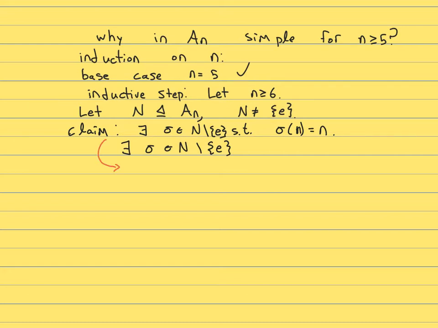And so what I can do here, if I knew this claim was true, is then I now know that N intersect the fixed points of this element is non-empty.